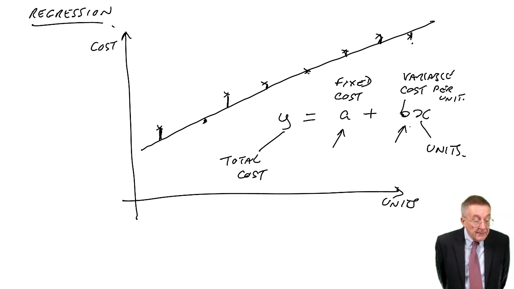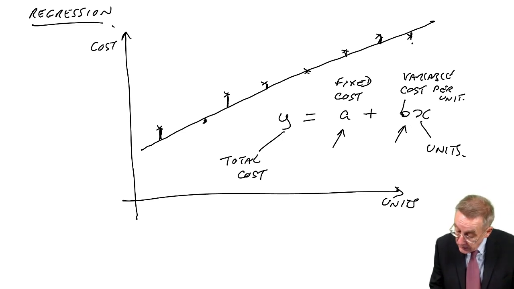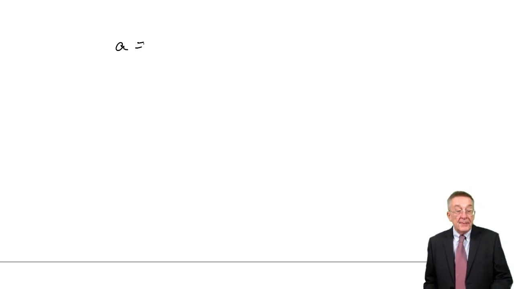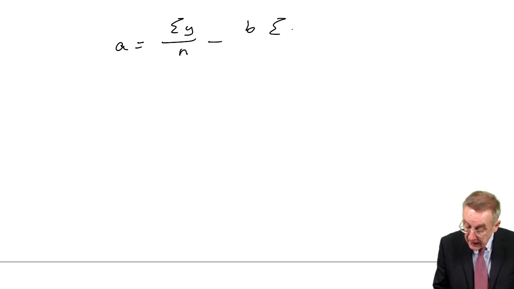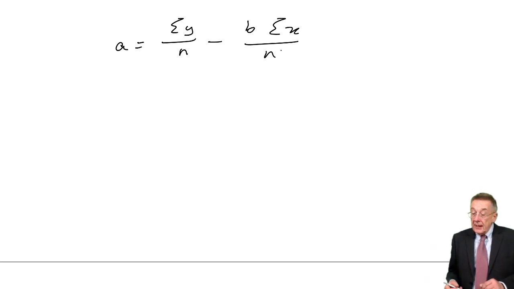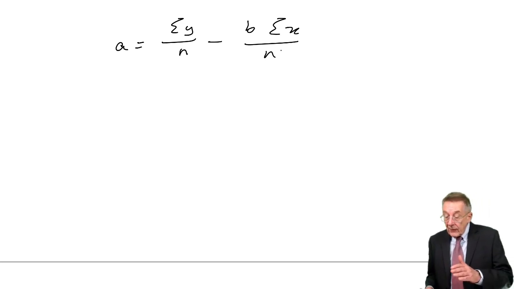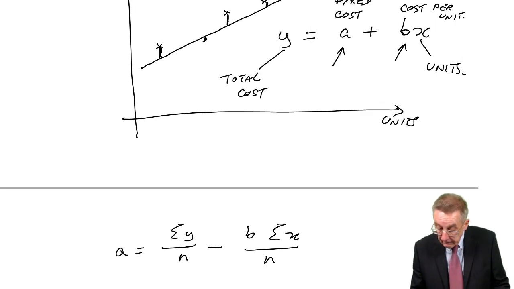It says A is sigma y over n. Well, I'll write it down, then I can go through the symbols. A is equal to sigma y over n minus b sigma x over n. We call the variables x and y, as we have there.